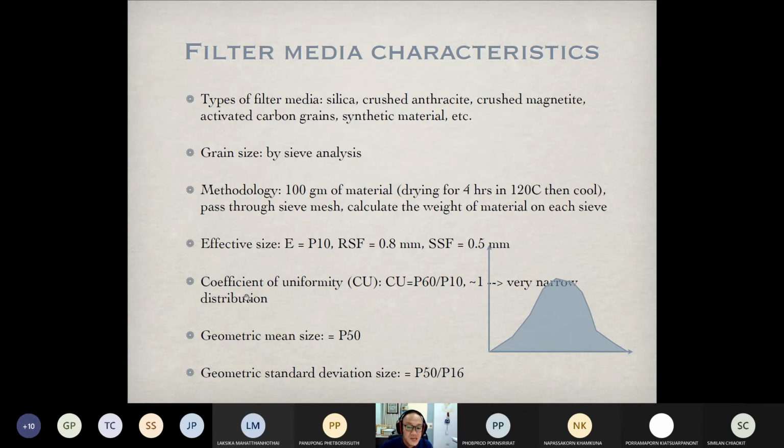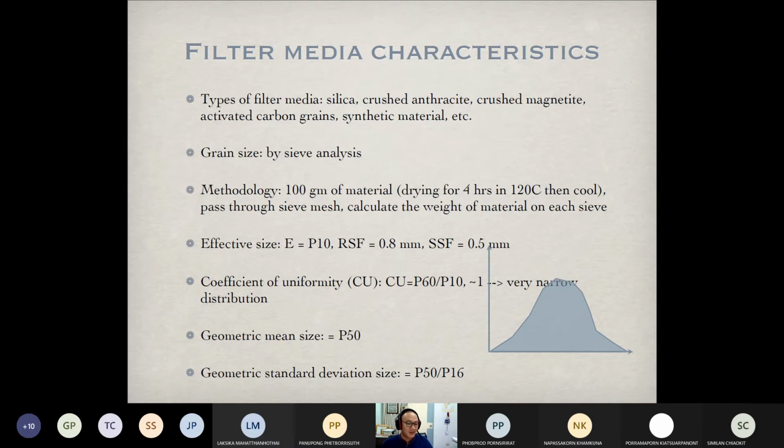Another characteristic of the sand is the coefficient of uniformity. Coefficient of uniformity refers to P60 divided by P10. If it is close to 1, it means very uniform or a very narrow distribution. Geometric mean size is P50.